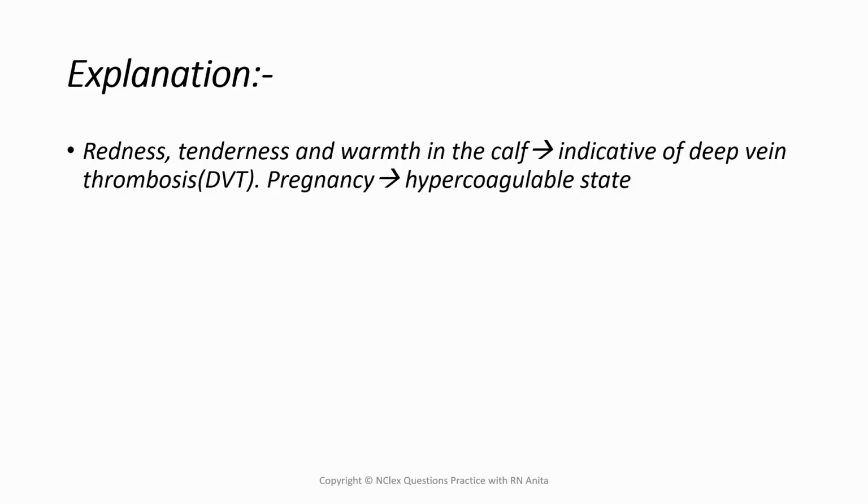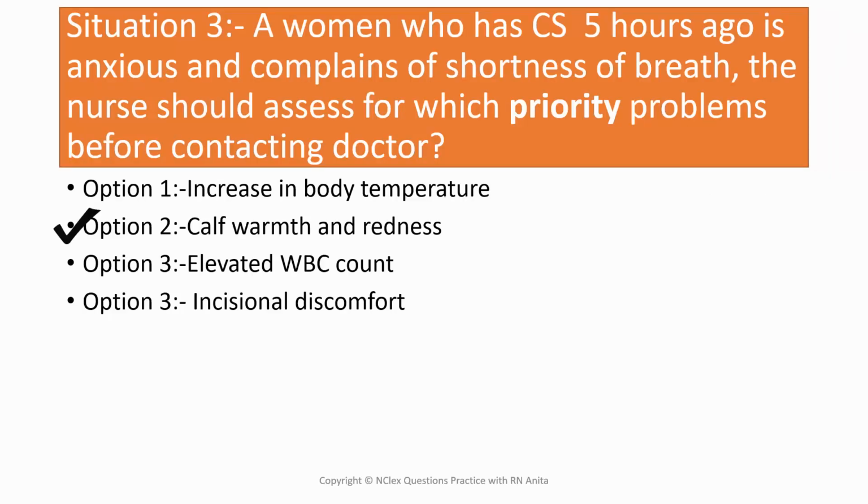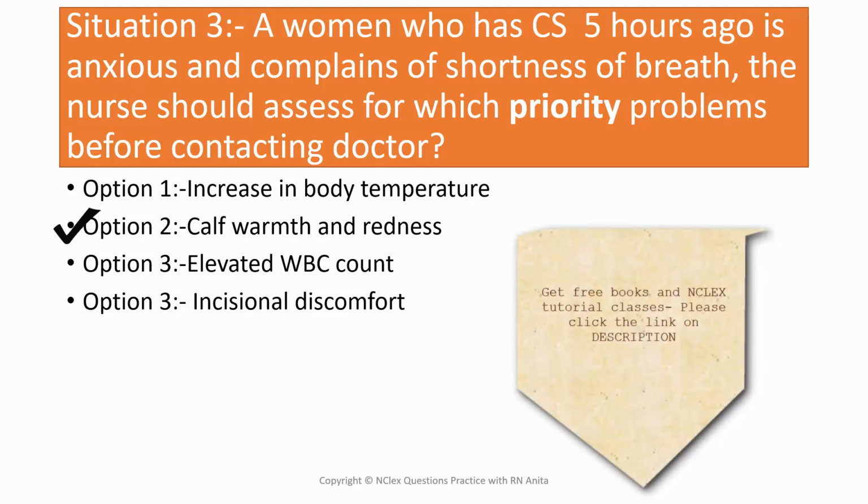So one should assess for calf warmth and redness, and one should inform these symptoms to the doctor. So option 2 is the correct answer. Option 1 talks about increase in body temperature.